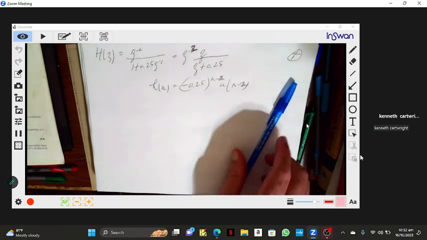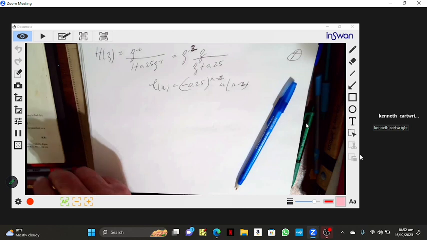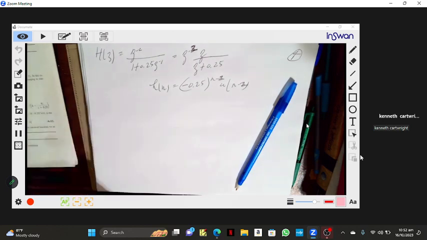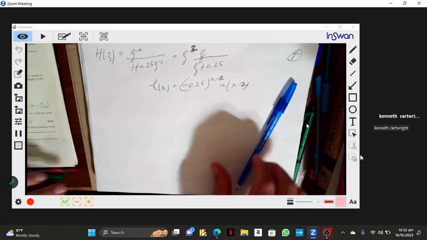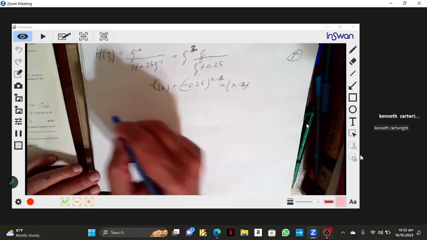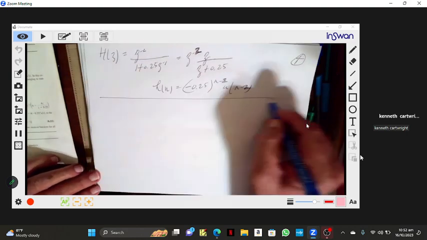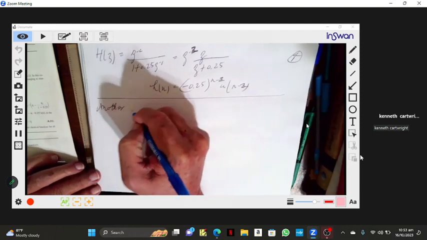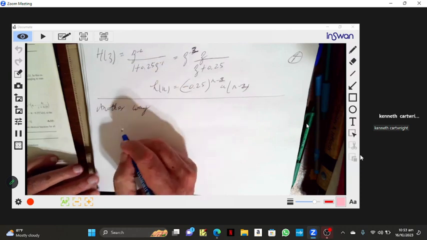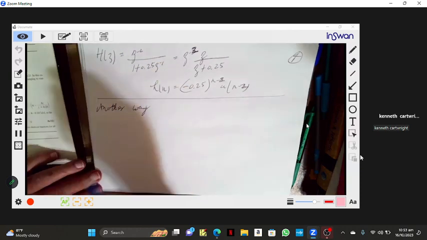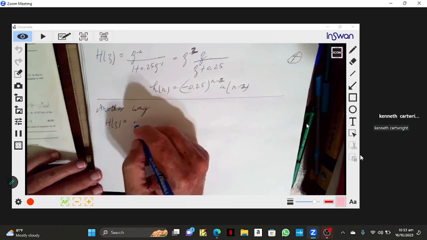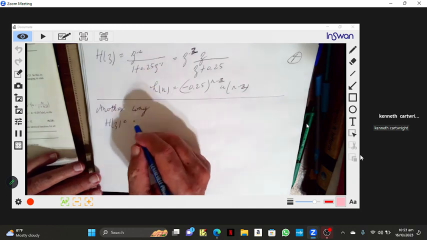Okay. Now let's do another way today. Multiply top and bottom by z squared.